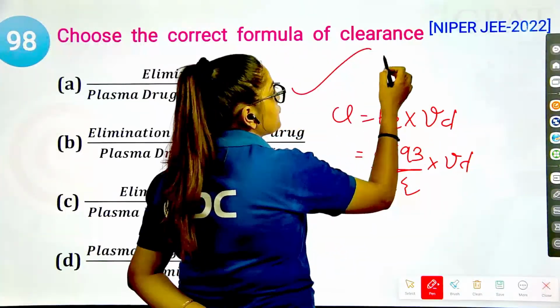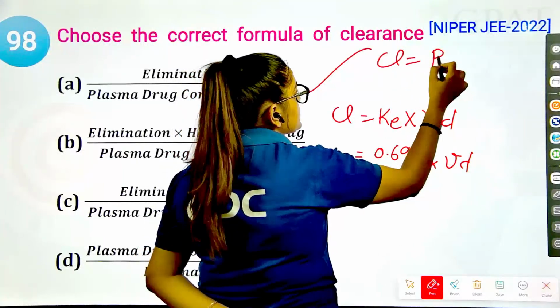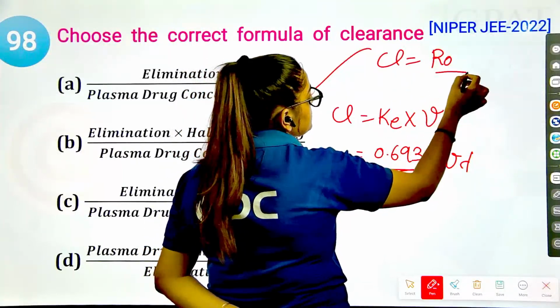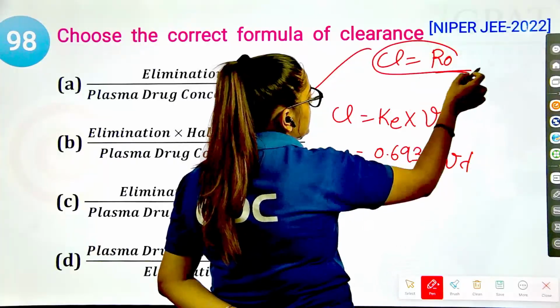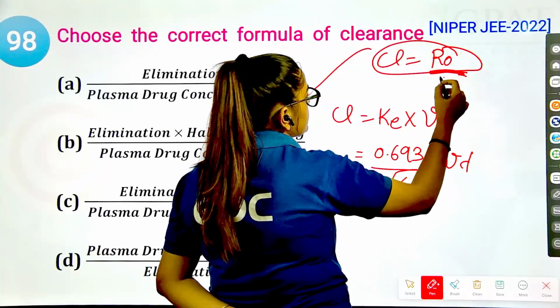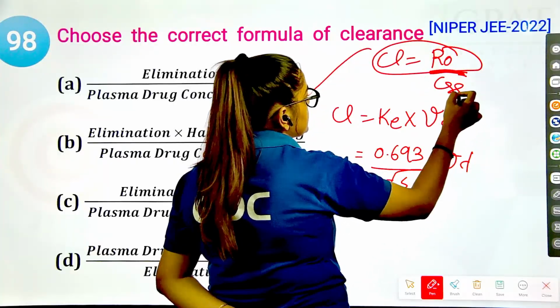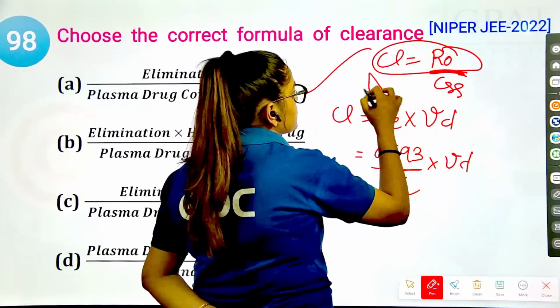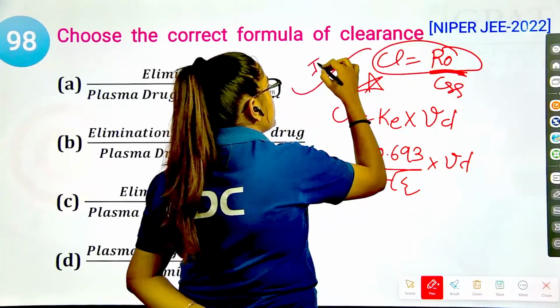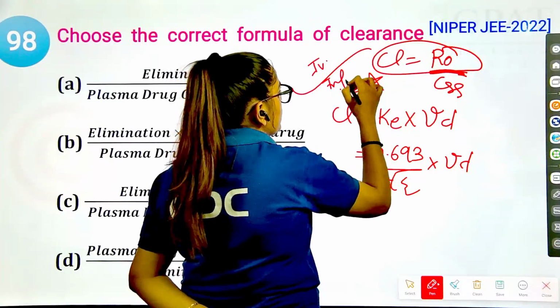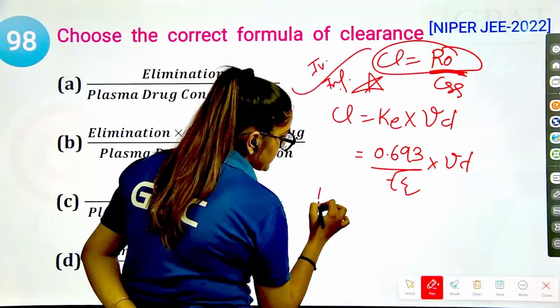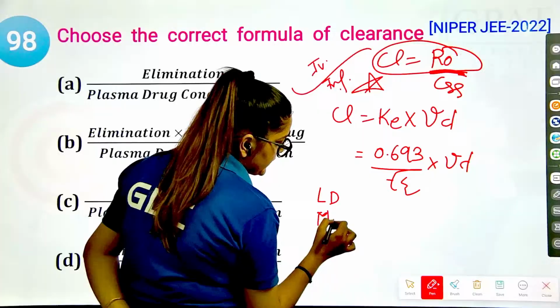There is one more formula. Clearance is equal to R naught upon, I think, Css it is, or what it is. Please check this formula. In the IV infusion I have told you. Okay. Then for the loading dose, for the maintenance dose.